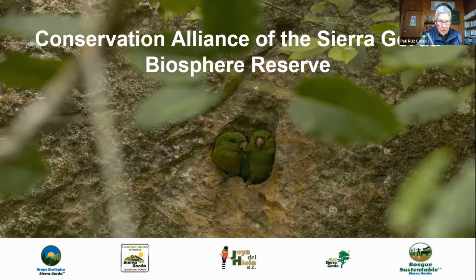So we have 60 small enterprises that I will tell you about later. Joya del Hielo purchased land for conservation. We have 10,000 hectares as private reserves. Viva Sierra Gorda, based in San Francisco, California, does promotion and is our fiscal sponsor. And Bosque Sustentable does soils, food, and forest. And there we are.